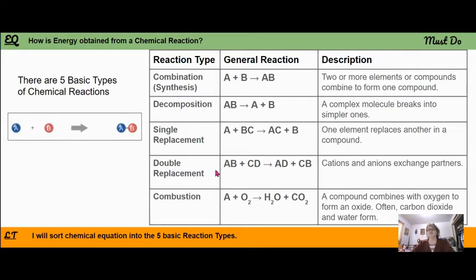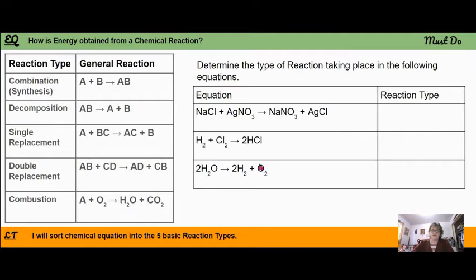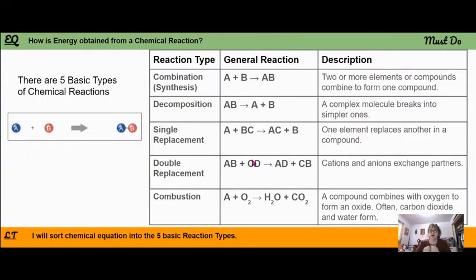Double replacement is similar to single replacement, except instead of starting with just a lonely little atom, you're starting with two compounds. A and B are individual atoms bonded together, plus C and D are individual atoms bonded together. After they mix, they have to unbond and then come back together.